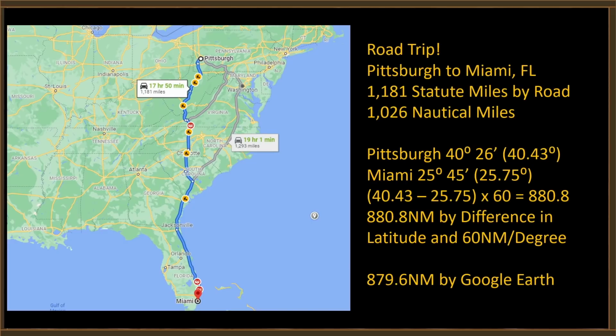Now that's reasonably valid because the two longitudes are roughly the same. And I confirmed that by measuring it on Google Earth to be 879.6 nautical miles, only about 1 nautical mile different. And the slight difference in longitude could account for that.